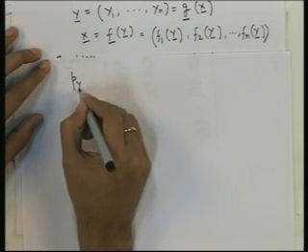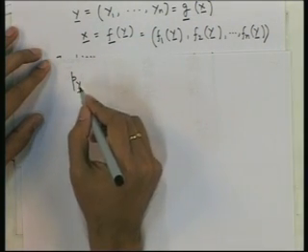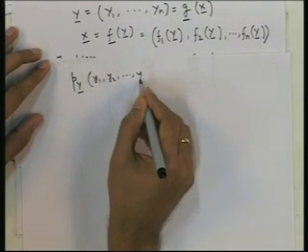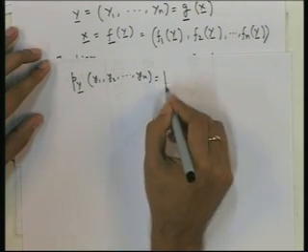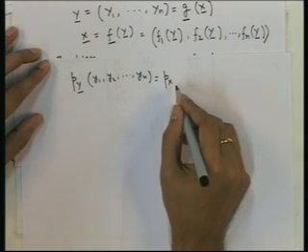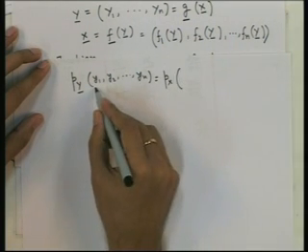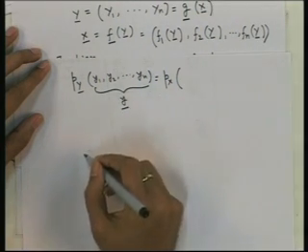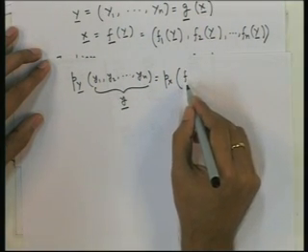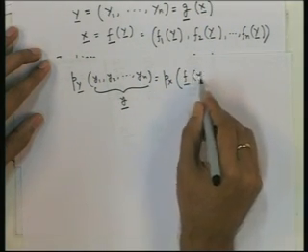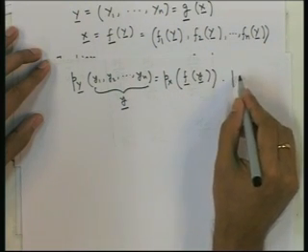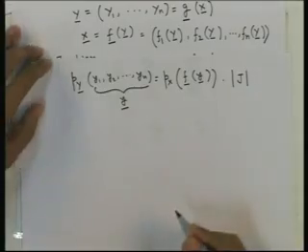P y, the density function of y at y1, y2, till yn, is P x evaluated at the inverse of the vector y, multiplied by the Jacobian.